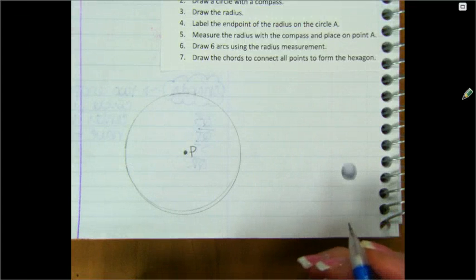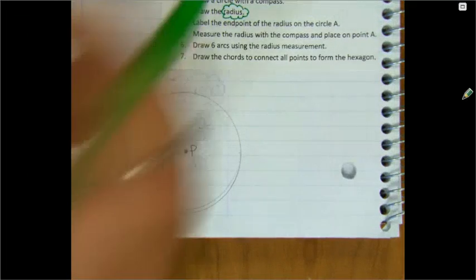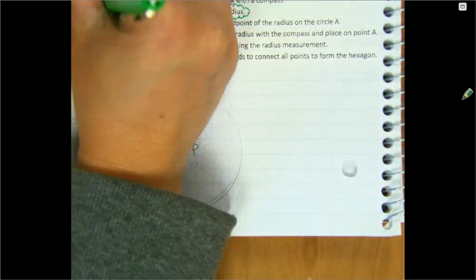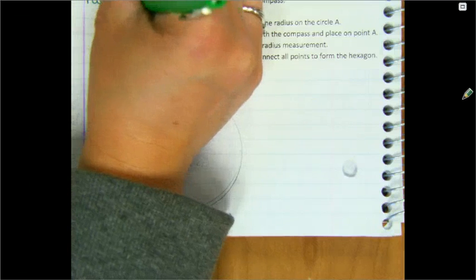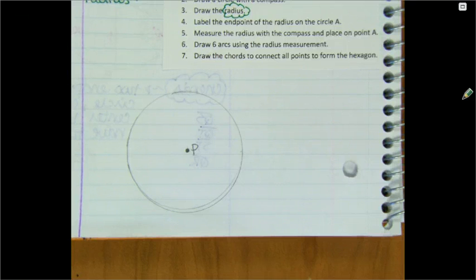Then it says, draw the radius. Oh wait, we don't know what radius means, do we? What is radius? Anyone know? What's diameter? It goes through the whole thing and must touch the center, right? It cuts it in half.